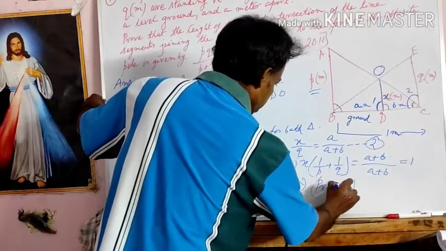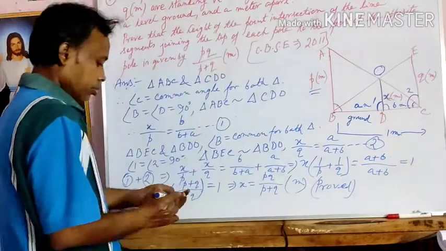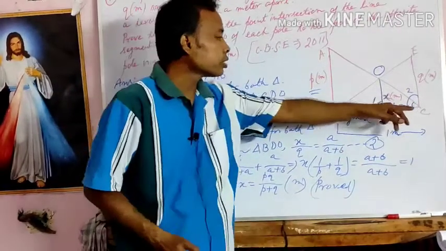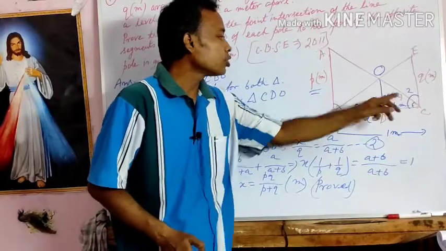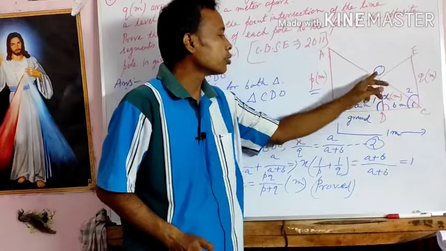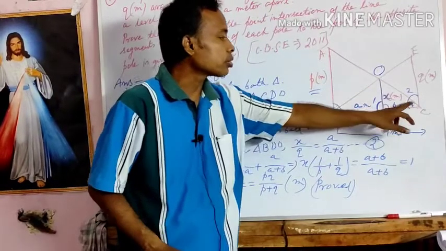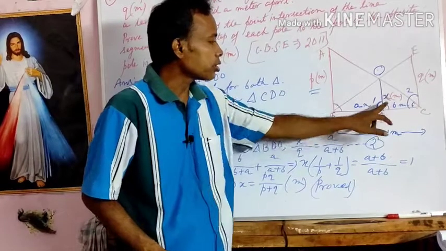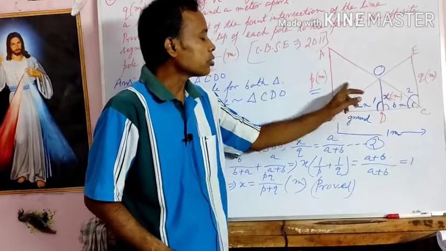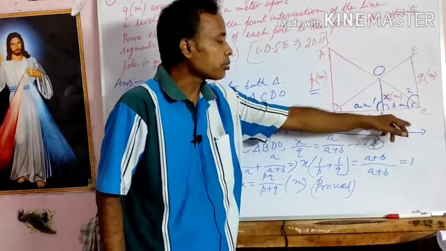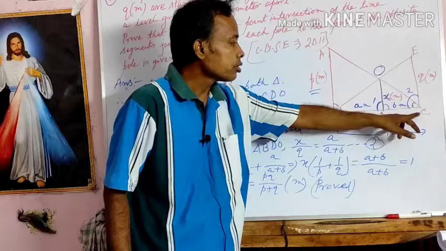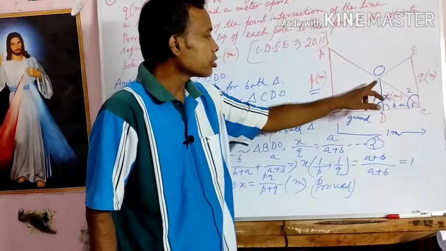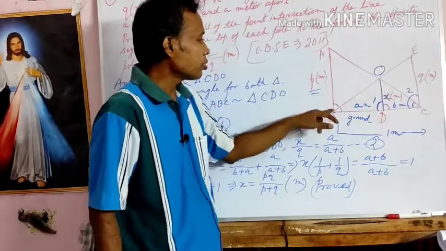So this is a very important question. First we have to take two triangles, ABC and CDO. The two triangles are similar. This is a common angle, and this is vertically upward, this is 90, this is 90. So the two triangles are similar, therefore the ratio of sides will be the same. Therefore OD by AB is equal to CD by CB.